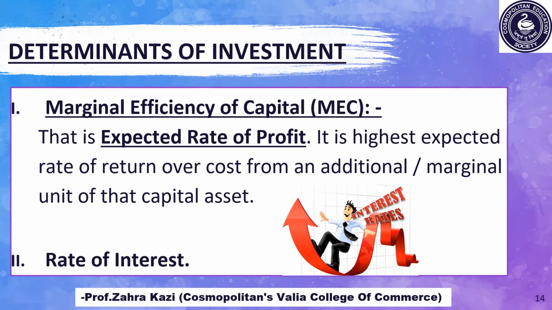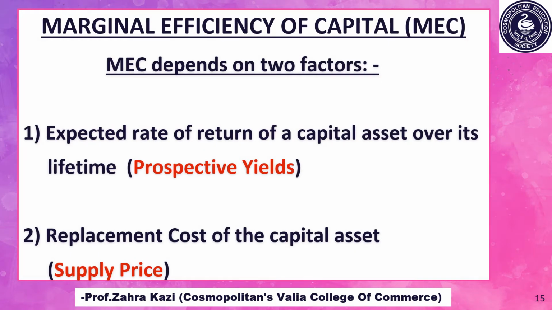MEC of a capital asset is the highest rate of return over the cost expected from an additional unit of that capital asset. The MEC depends on two factors. First is prospective yields and second is supply price.